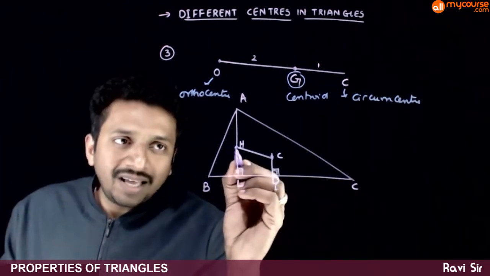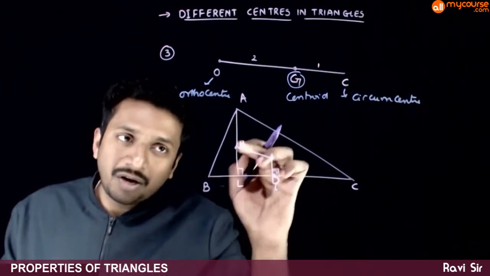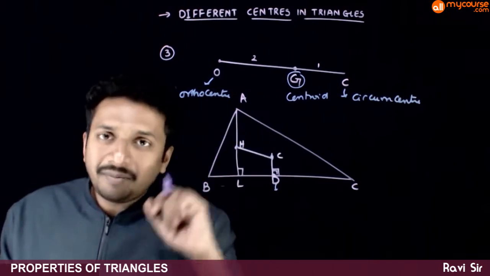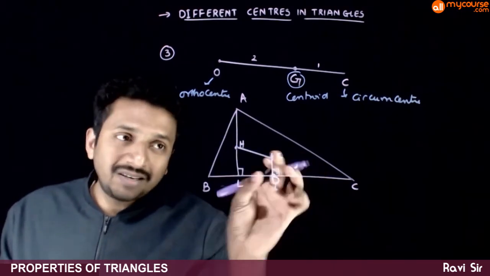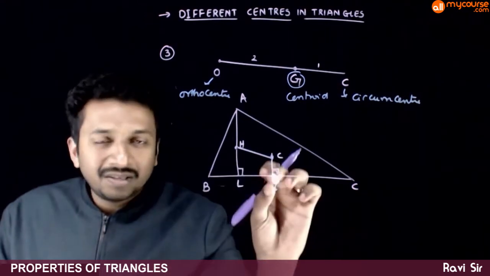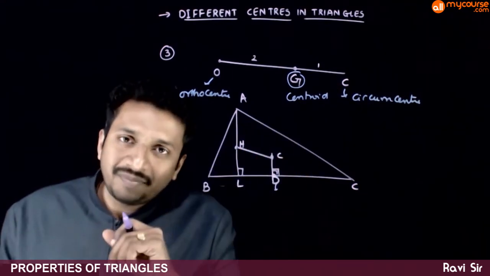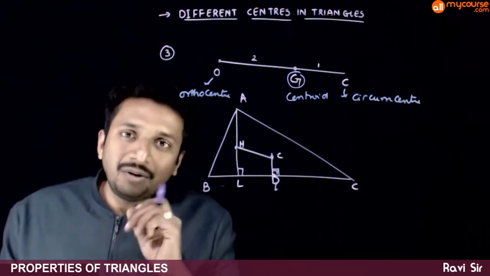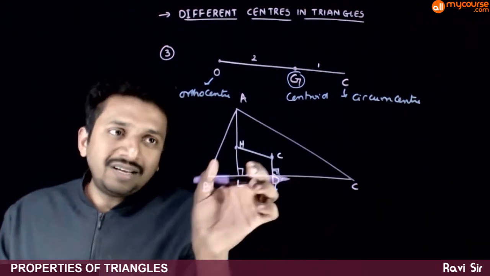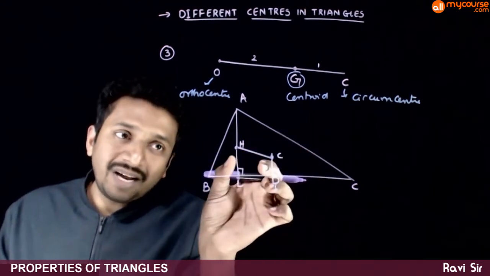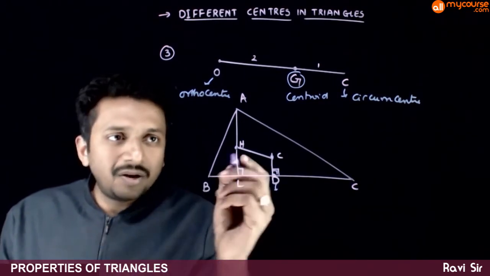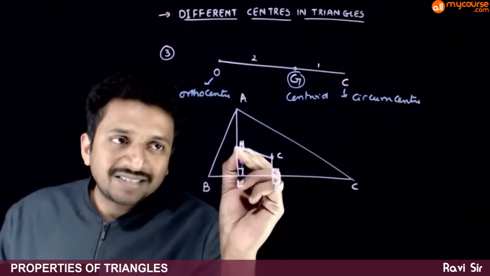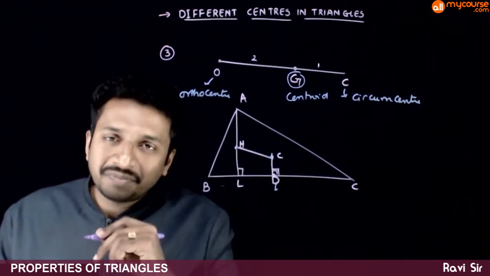So H is the point of intersection of the altitudes which lie on AL, and C is the point of intersection of the perpendicular bisectors which lie on the perpendicular bisector DC. So now what you need to prove is that the centroid divides HC in the ratio 2:1.